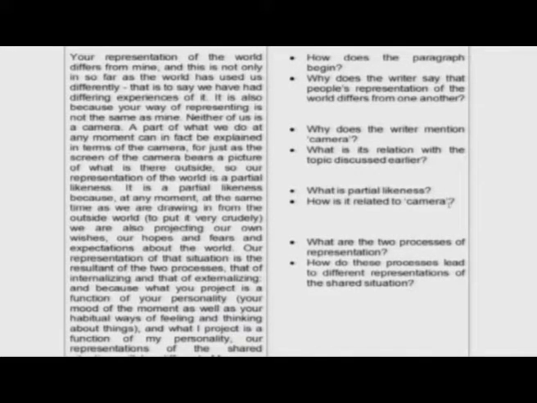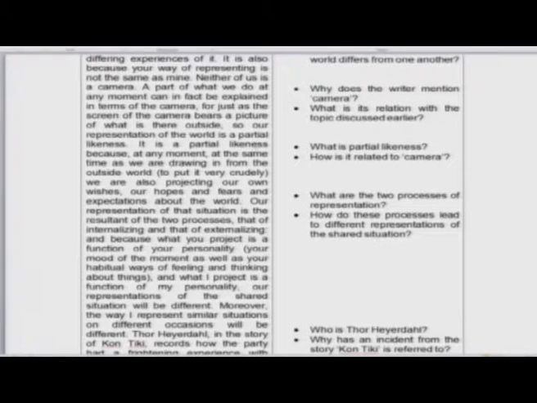Okay, we move on. So, continuing, partial likeness comes because if you look at this part here, at the same time as we are drawing it from the outside world, we are also projecting our own wishes, our hopes and fears and expectations about the world.